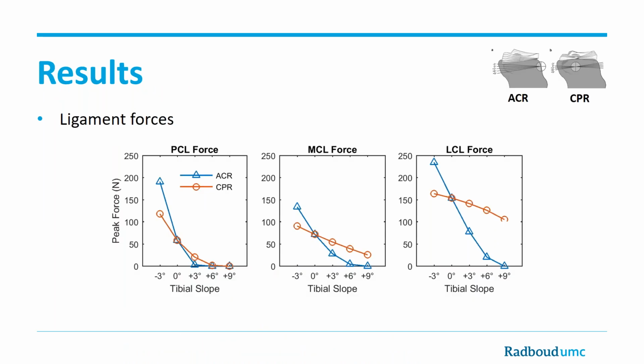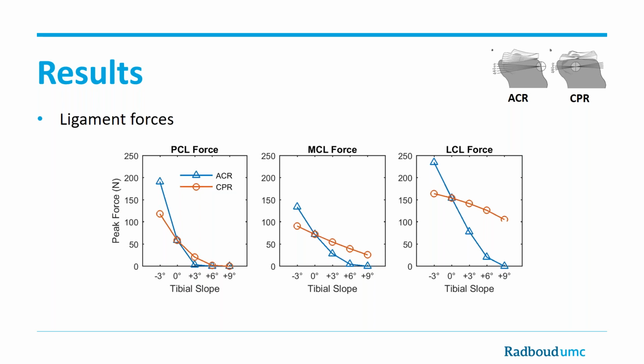We looked at the ligament forces first. We saw the general effect of tibial slope being reducing the ligament forces during squat. What you see here are the peak forces recorded during squat. So more slope leads to a decrease in the peak ligament forces.